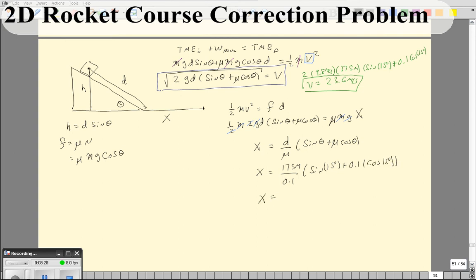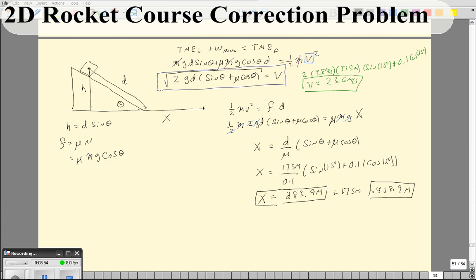When you plug all of that in, you should get an x of 283.9 meters. Now when you add on the 175 meters that you went down the hill, you get a distance of 458.9 meters, which is actually really close to the 1/4 mile or so that the toboggan is listed at.